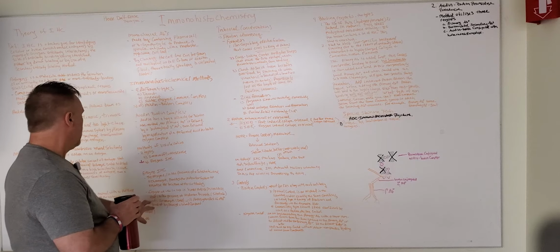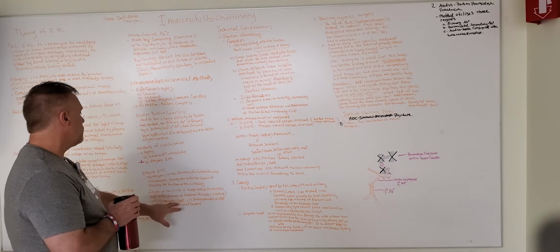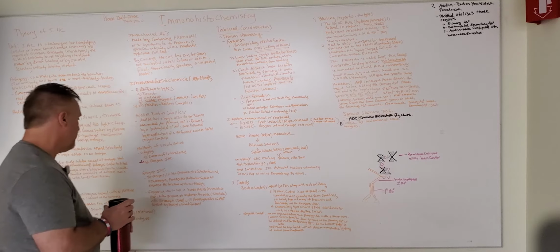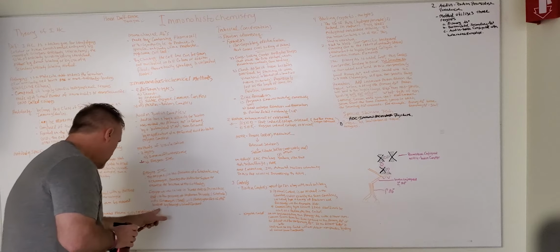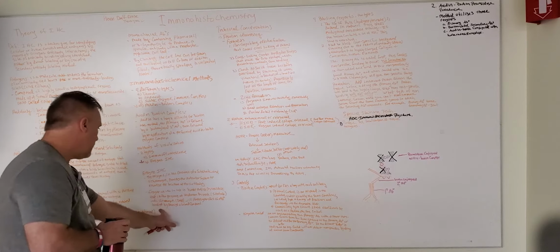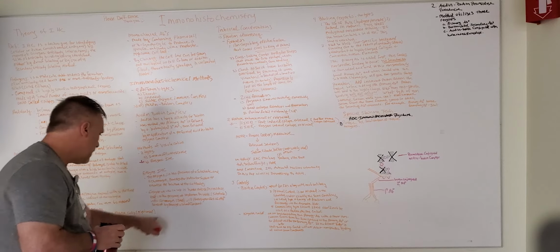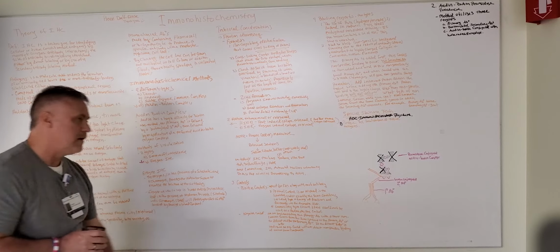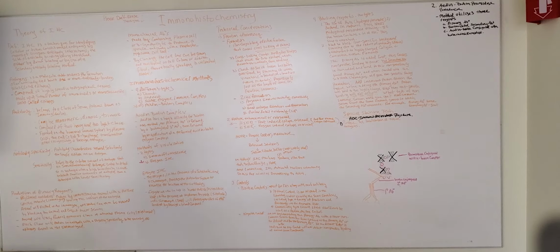But this chromogen will identify the sites of the antibody that you're binding to by forming a colored compound. And this colored compound is brown. Okay?